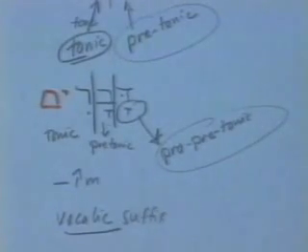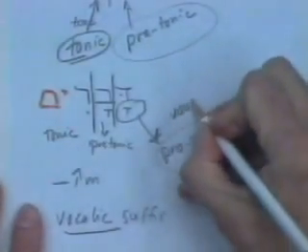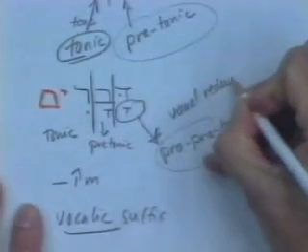Now this you have to know, because it's in the propretonic syllable that you will get, as a general rule of thumb, what's called vowel reduction.